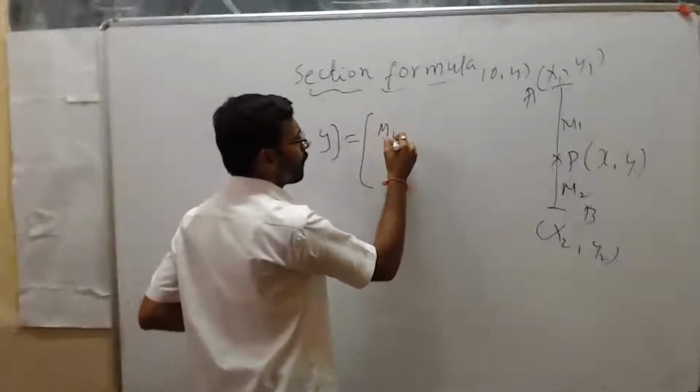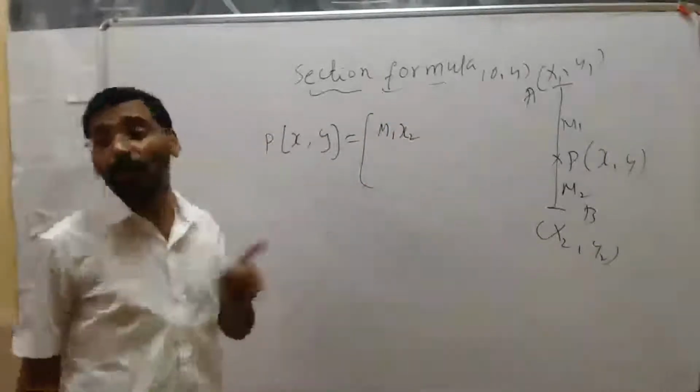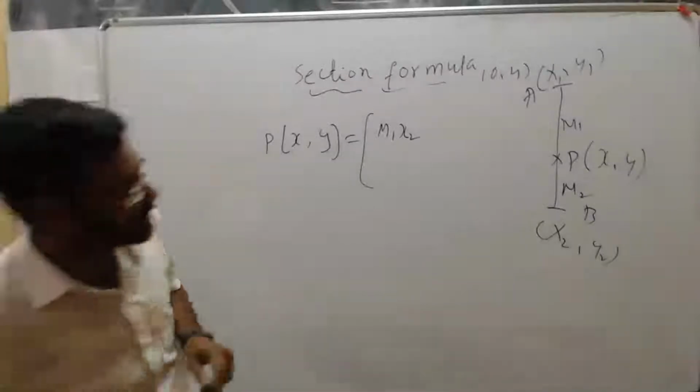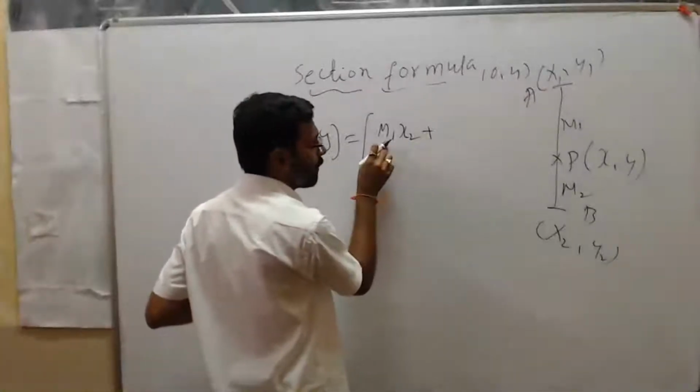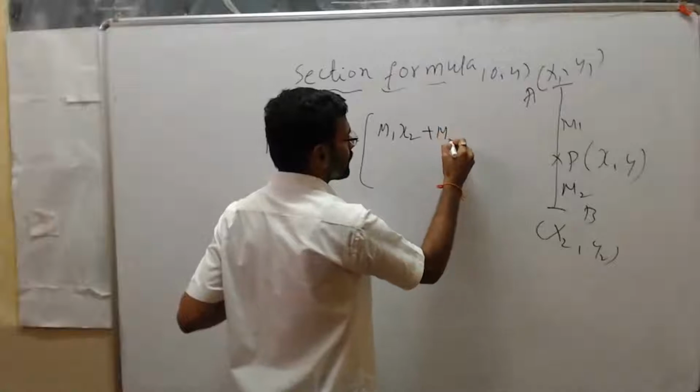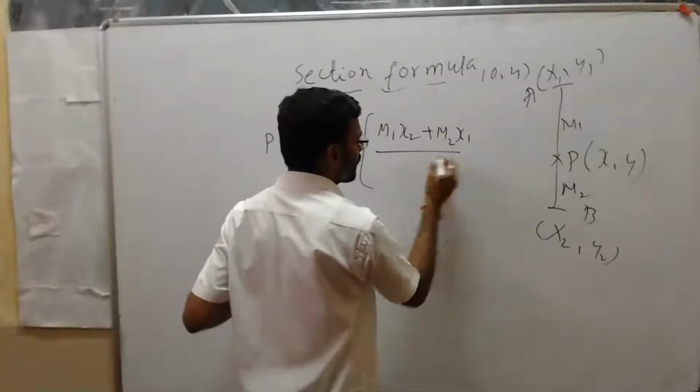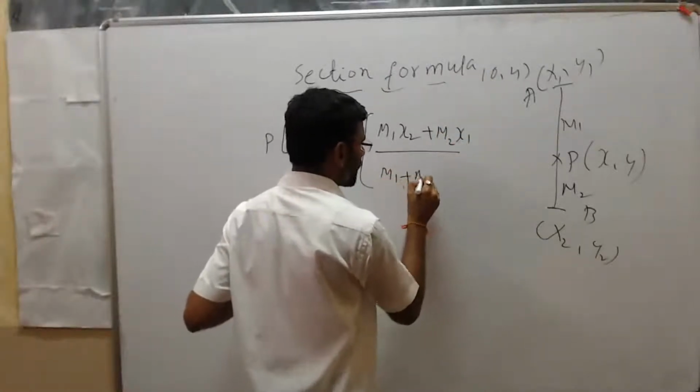Therefore x equals M1 x2 plus M2 x1 divided by M1 plus M2.